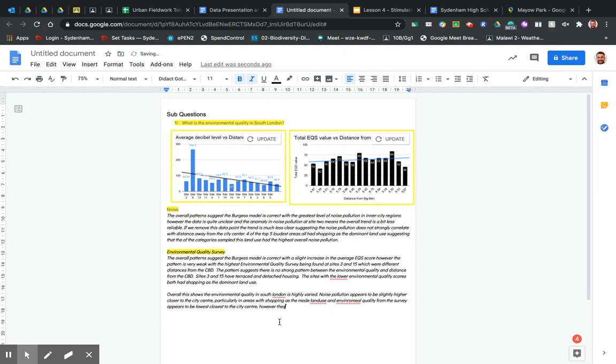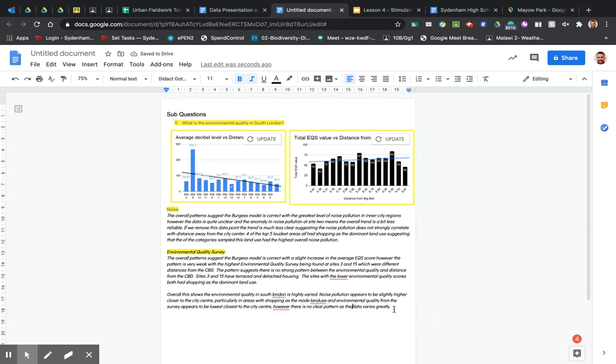However, there is no clear pattern, and the trends note data varies greatly. So that is more than enough to answer the overall question. And I'm just going to have to correct all my typos. I'll do that later.